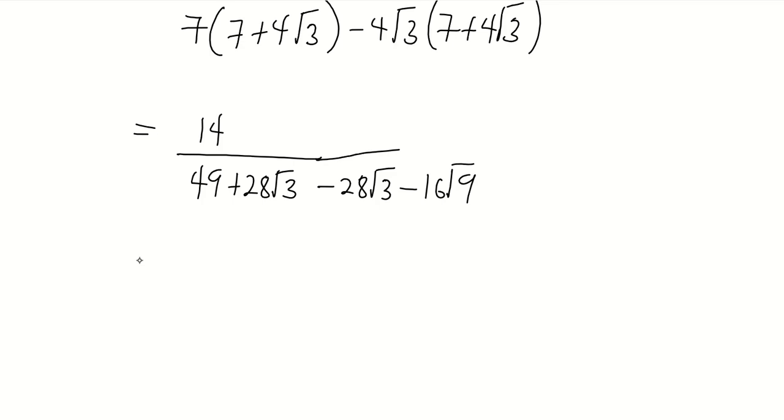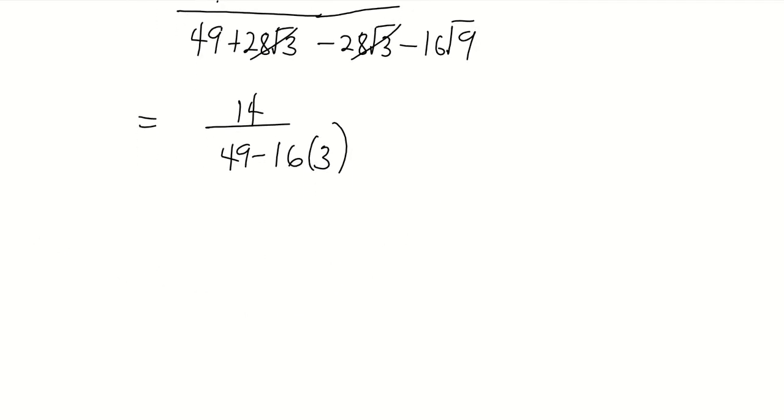Now we continue, and we can see that 14 divided by, now we can see like set here, plus 28 square root of 3 minus 28 square root of 3. It means they are going to take off, and it will be left with 49 and minus 16. Square root of 9 is known to be 3.